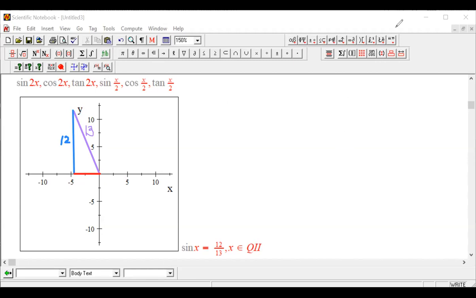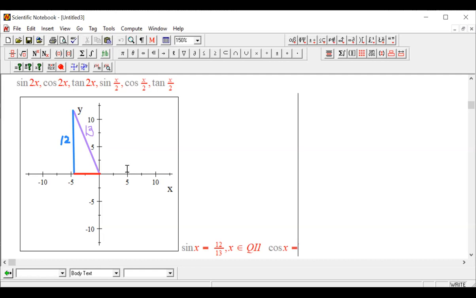Cosine x equals what? If this is 13 and this is 12, what will be the red?